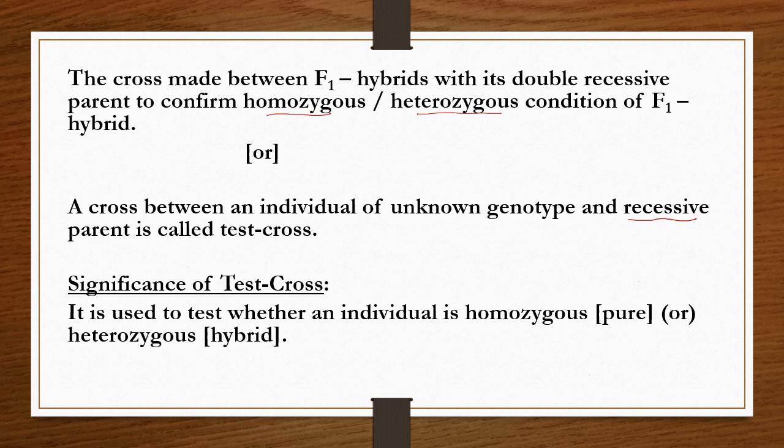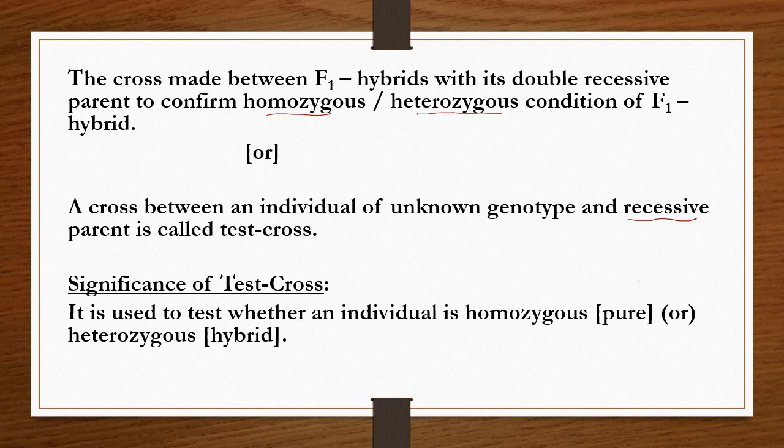We observe only phenotypes. That means when tall and dwarf plants are crossed, all F1 individuals are tall. That is only the phenotype, the external morphology.